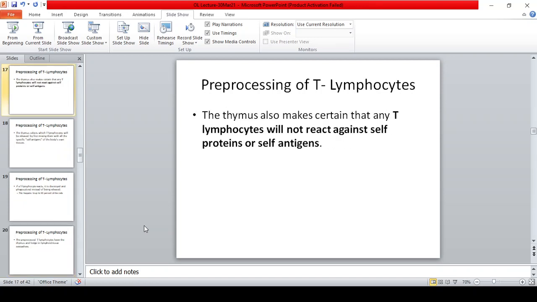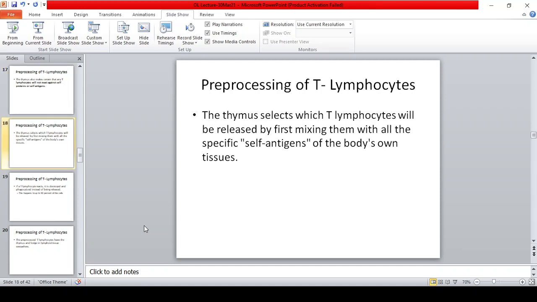Now, in addition to developing the diversity and the specificity, a very important function is that the thymus also makes certain that any of the T lymphocytes will not react against the self proteins or the self antigens. So this again is a very important function, and this is called the immune tolerance.